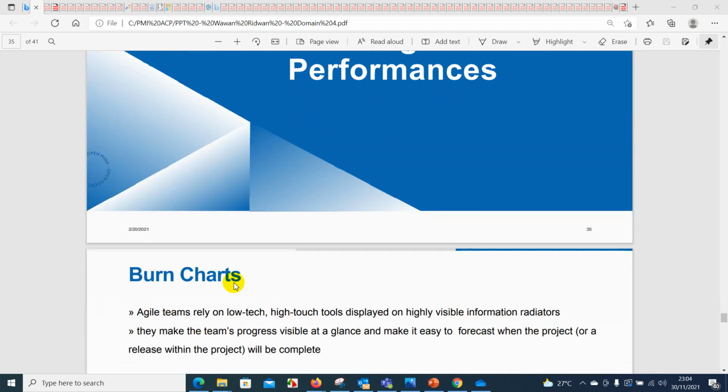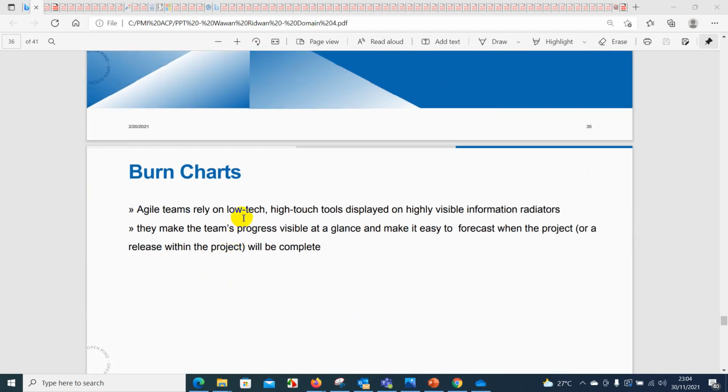Tracking team performance: burn charts. Agile teams rely on low-tech, high-touch tools, displayed on highly visible information radiators.